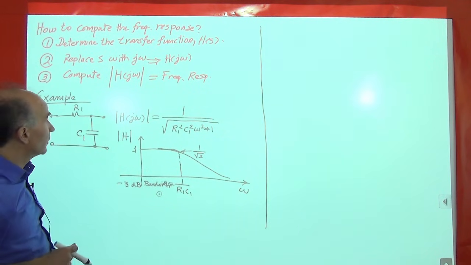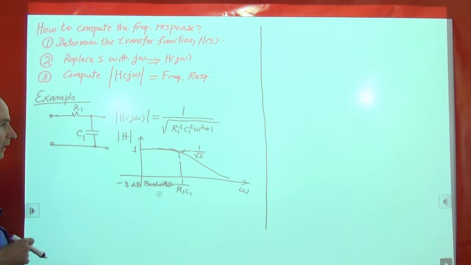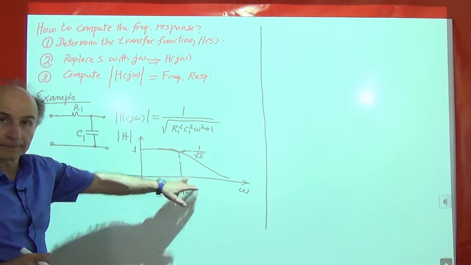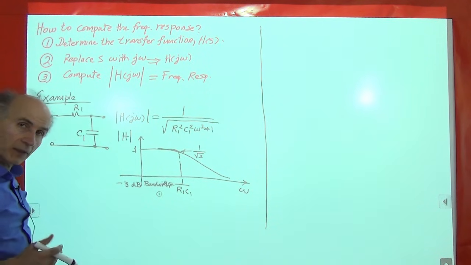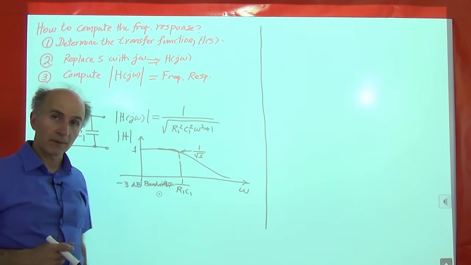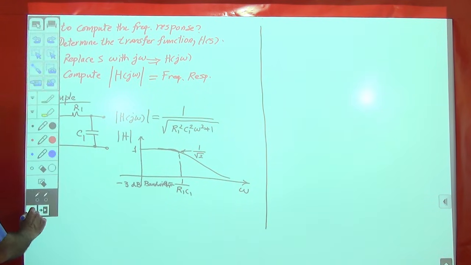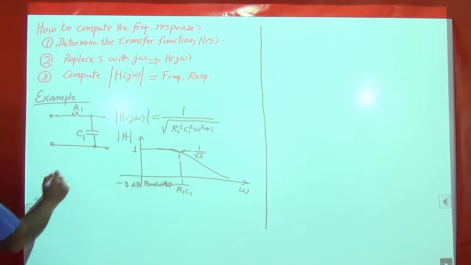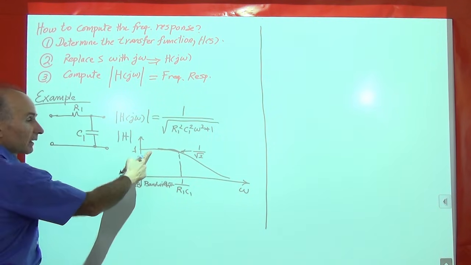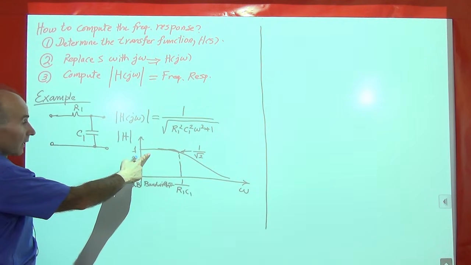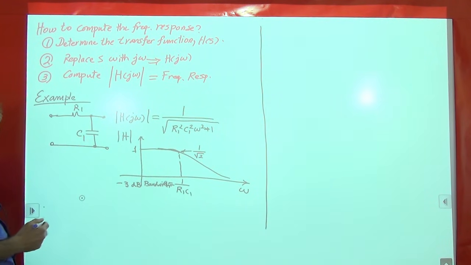Okay, so why exactly does this happen? Why does the circuit attenuate at these frequencies? Here's another way to think about it. When we are here, the impedance of the capacitor is very large.